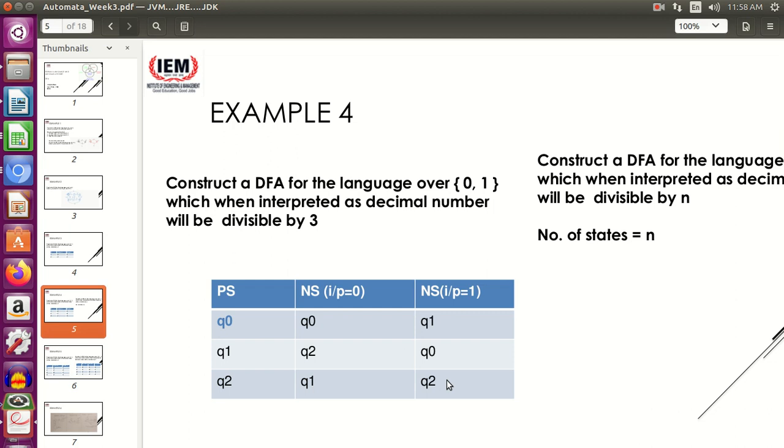So if you are given a question of this kind with a higher number like divisible by 4 or 5, you just construct the transition table first. You know the number of states required. In the next state you will just repeat the sequence. So if it's Q0, Q1, Q2, Q3, how will you write? Q0, Q1, Q2, Q3, Q0, Q1, Q2, Q3. That's it. And after that just prepare the corresponding transition diagram from the transition table.